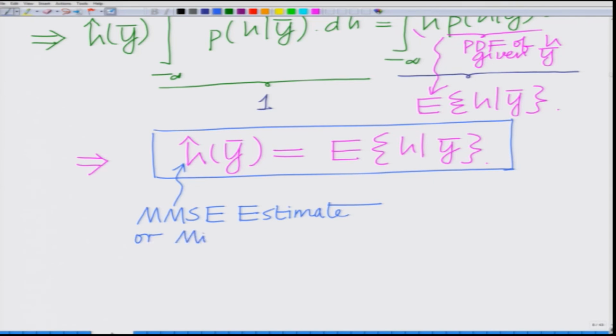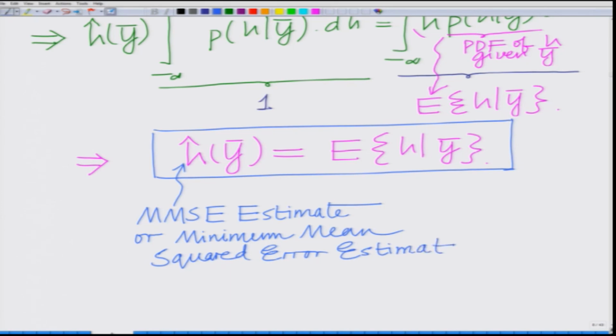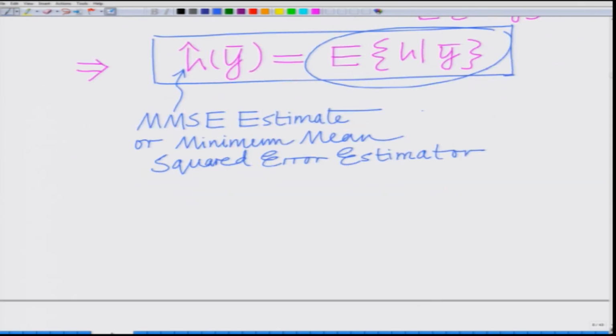This is the MMSE estimate, or basically the minimum mean squared error estimator, and that is given by the expected value of the parameter, the average of the parameter, that is expected value of h given y bar, the conditional mean of the parameter h.